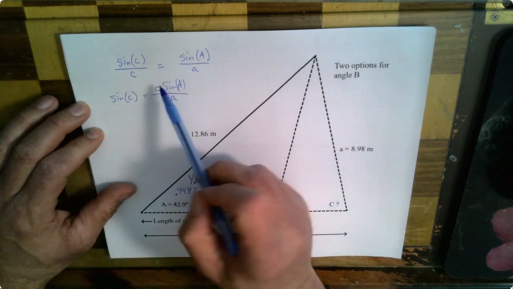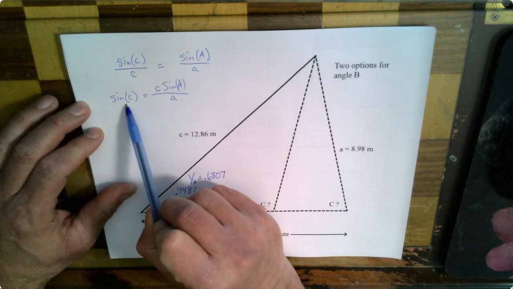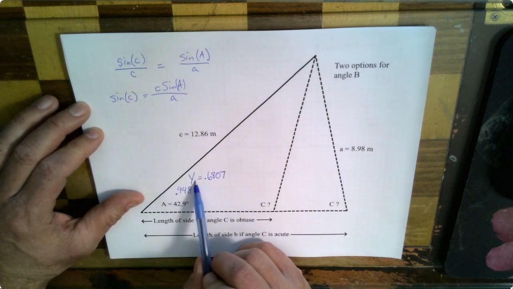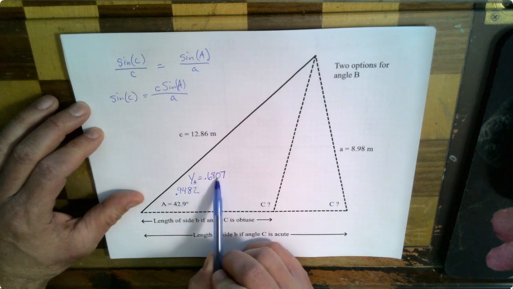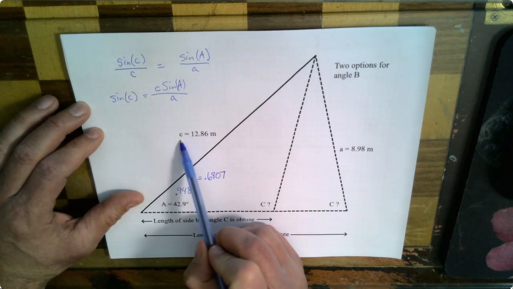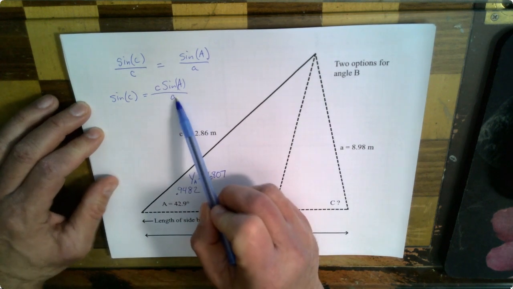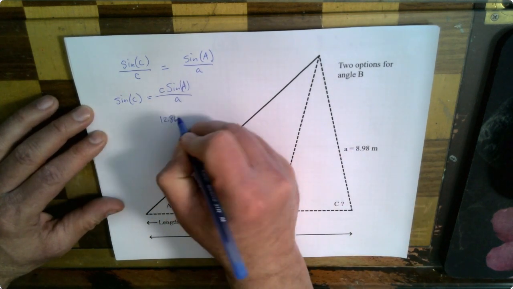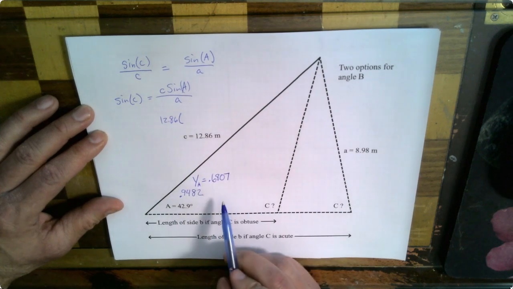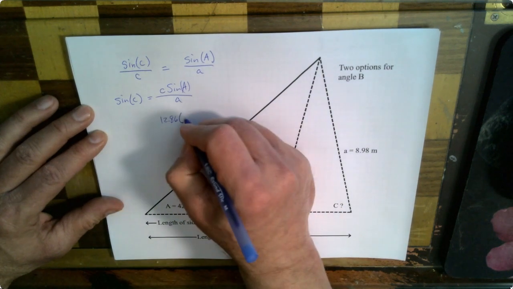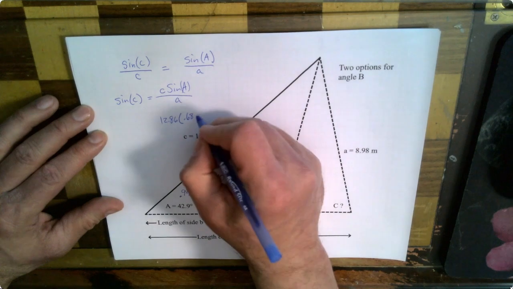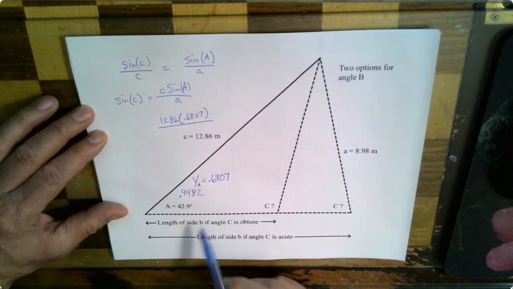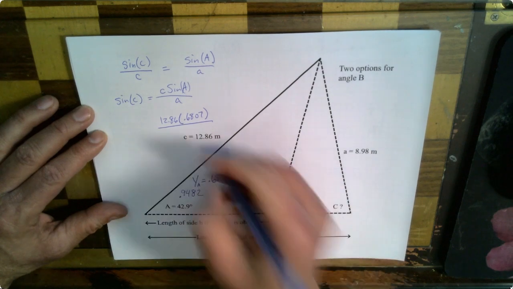And so we can find out what this sine ratio is by doing this calculation. Notice we already found sine of A to be this, and we know what side C is. And so this becomes 12.86 times 0.68 over side A, which is 8.98.